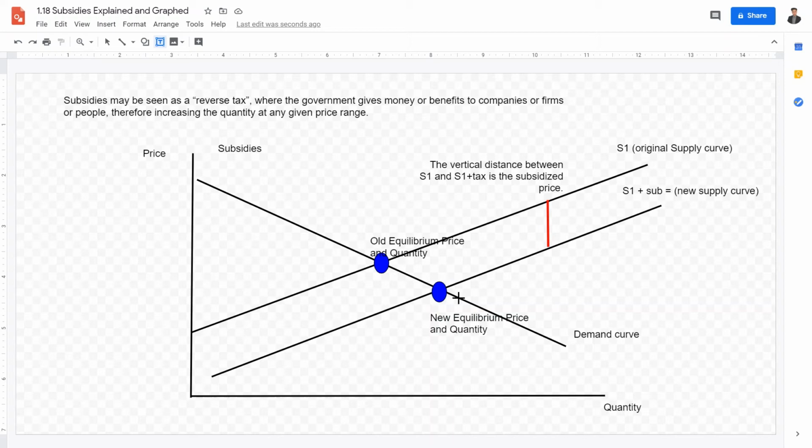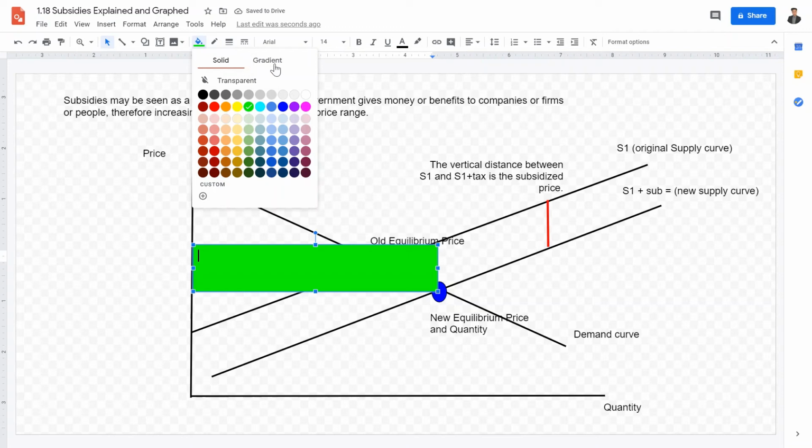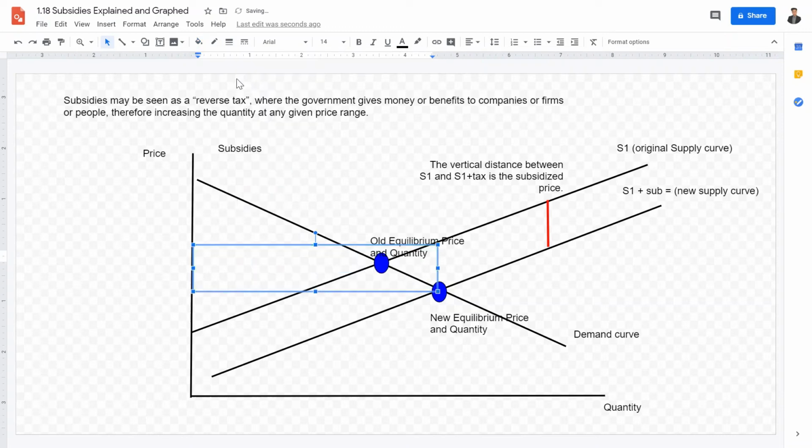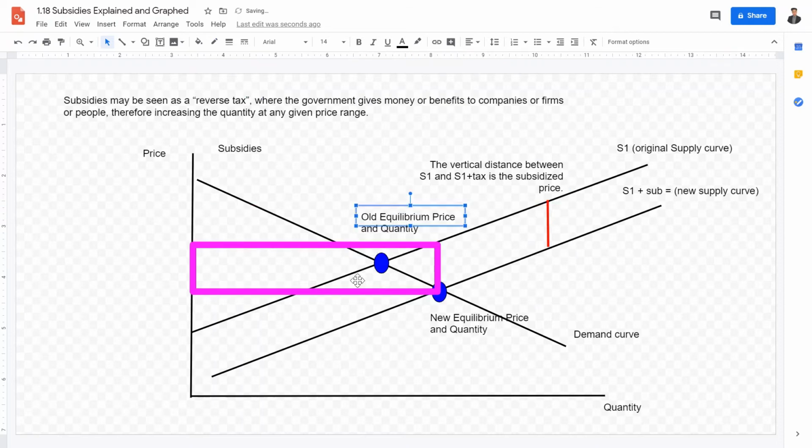We can see the total cost of the subsidy. Right here, I'm going to put this in a pink box.